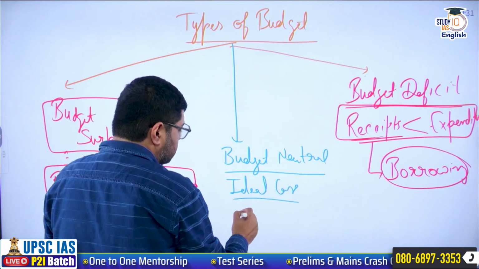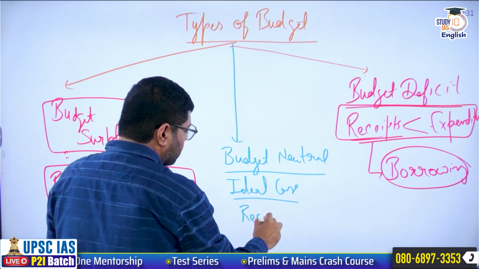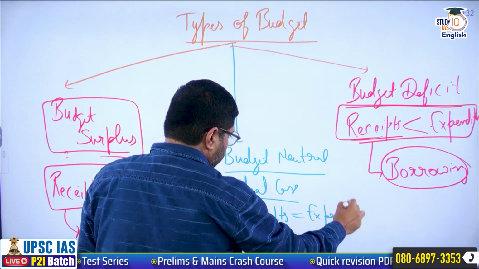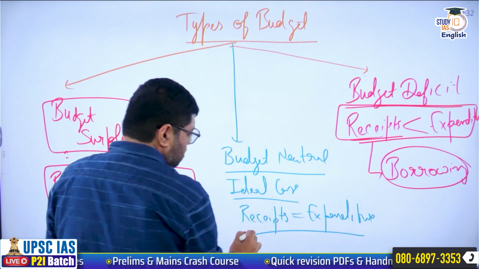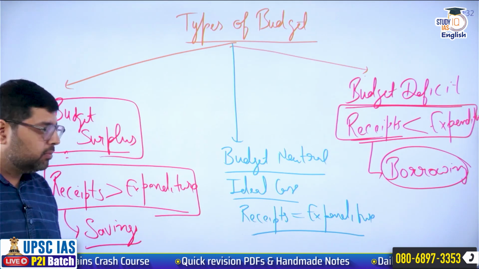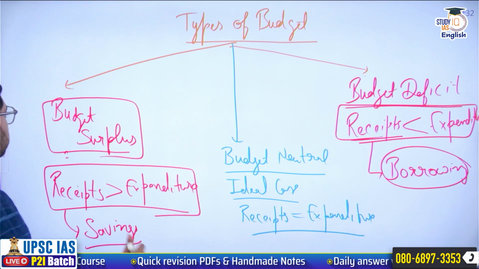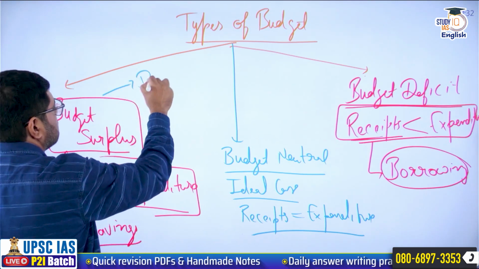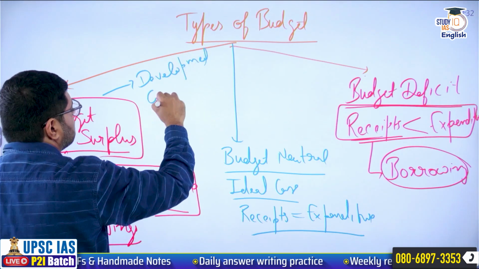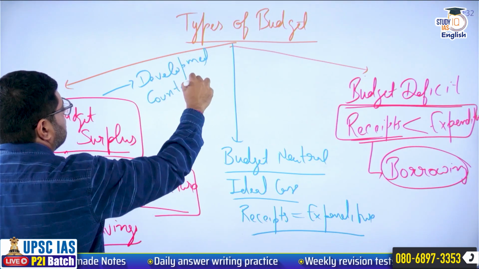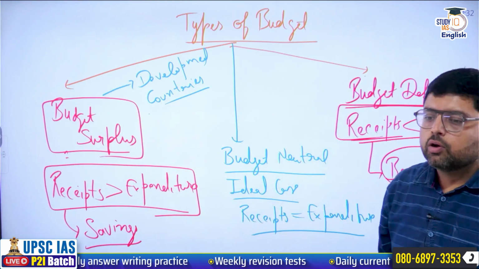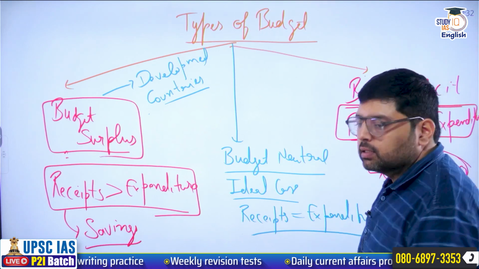When I say ideal case, it means receipts are equal to expenditure. Normally developed countries have budget surplus, whereas developing, emerging or poor countries have budget deficit.